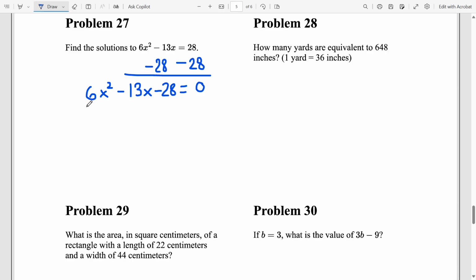So I'm going to list the positive factors of 6, which are 1 and 6, and 2 and 3.